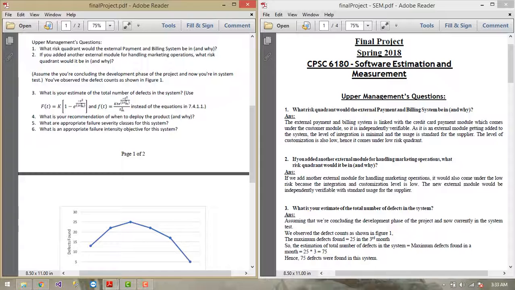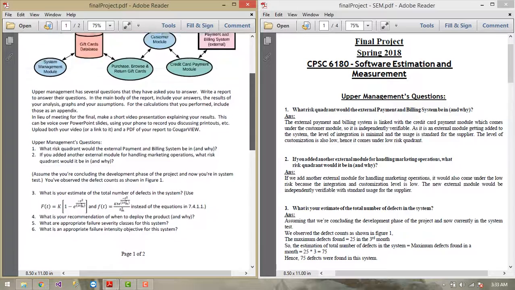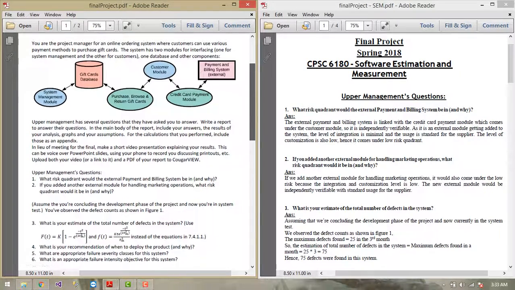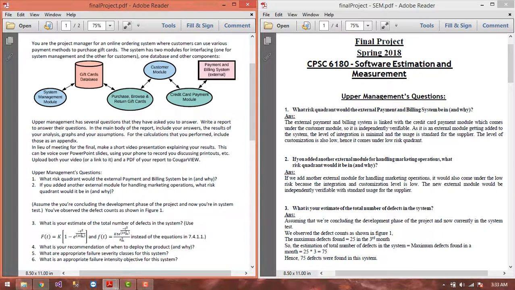So as per my findings, the external payment and billing system, as you can see in this figure on the left hand side, is linked with the credit card payment module, which comes under the customer module. So it is independently verifiable as it is an external module getting added to the system.